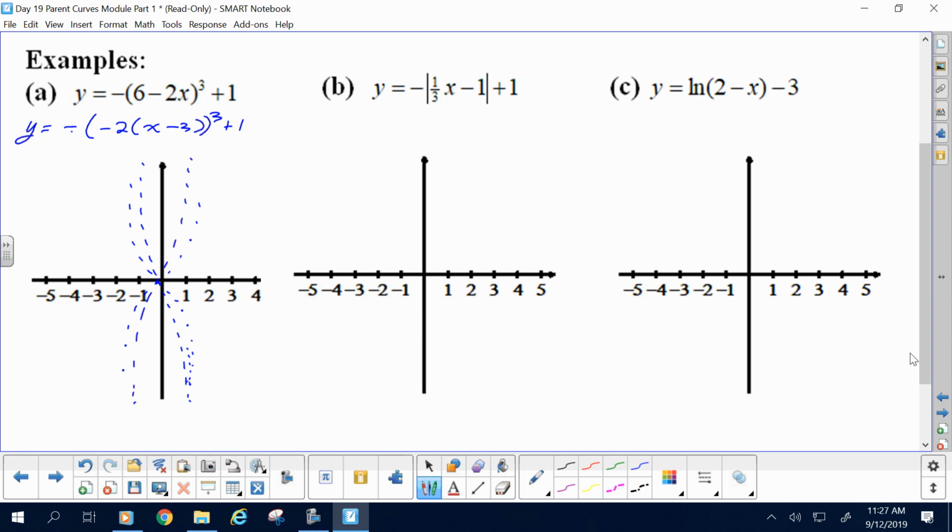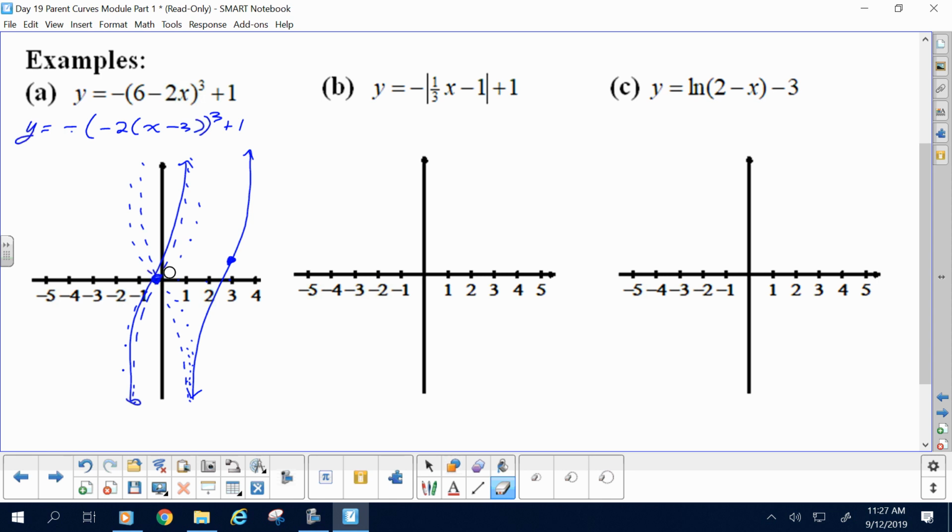You with me? And then finally, I'm going to take this shape that I'm doing in hard blue and move it. Where do I move it? Right 3, up 1. So if I take this essential point that was at the origin and go right 3, up 1, then I have a steep growing cube like that. That's my final answer.